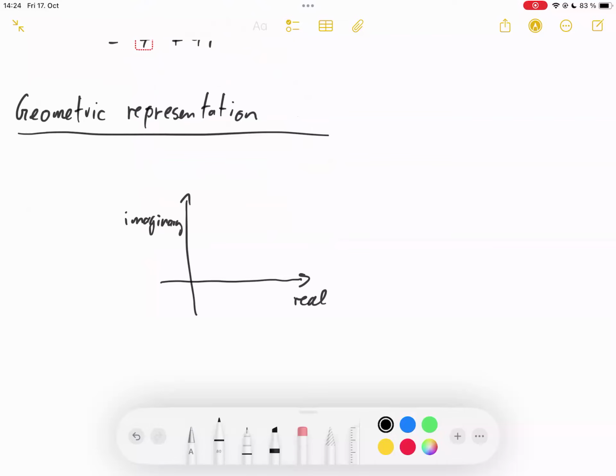And now if we have a complex number like z is 3 plus 4i, we can try to plot this in this so-called complex plane.